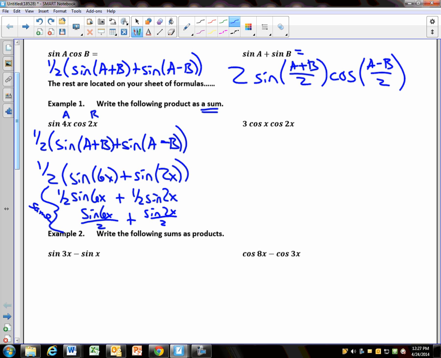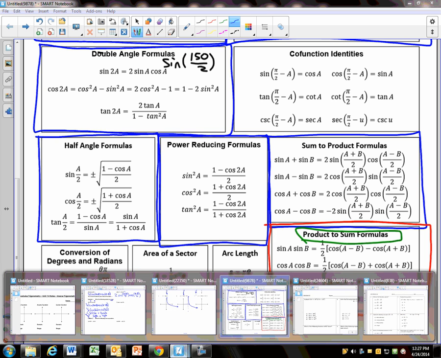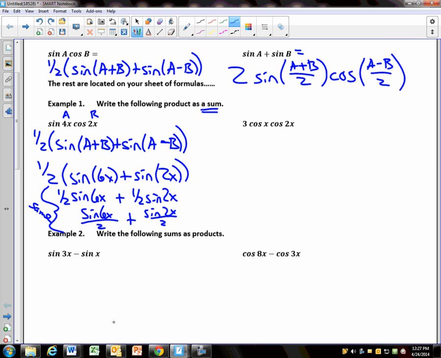Next one, which formula? 1, 2, 3, or 4? 2? Cosine, cosine. Looks good. Can you read it off to me, Bryn?